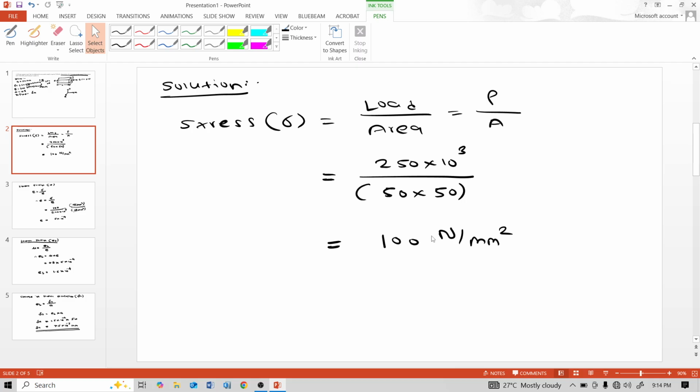Observe here in the stress formula, when we increase the cross sectional area of that rectangular bar, a decrease in stress is seen.